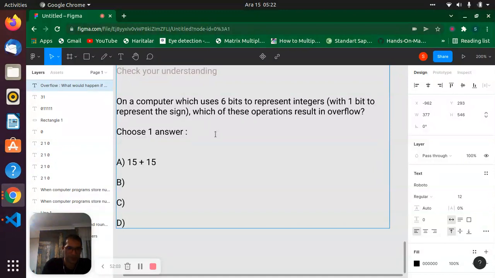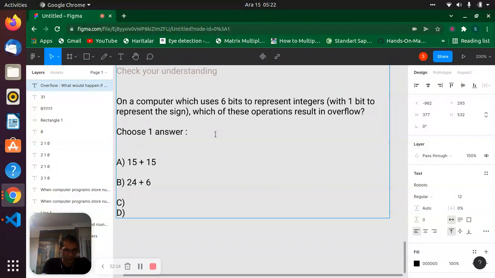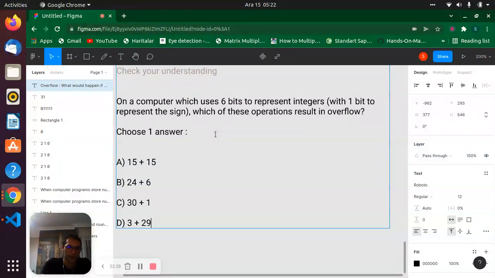B will be 24 plus 6. The other one is 30 plus 1. The last one is 3 plus 29.